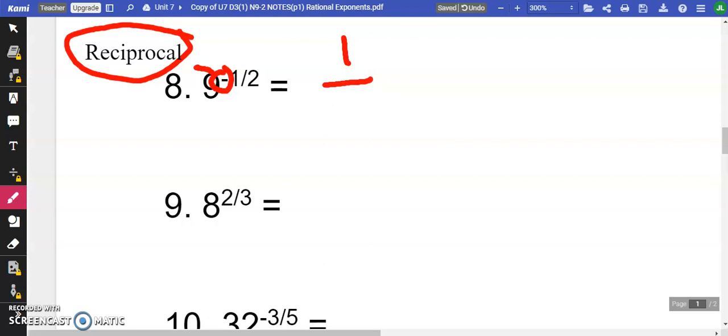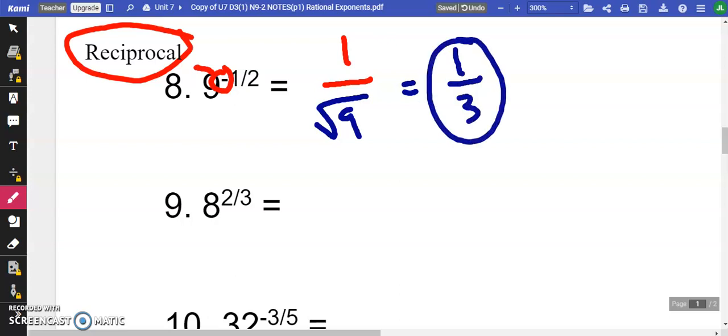Since I see a 2 on the bottom of my fraction, I know I need a square root. And then we copy down the base. And once again, we said if the exponent is a 1, then we can leave it off. So to simplify this, I'll take the square root of 9 to get 3.